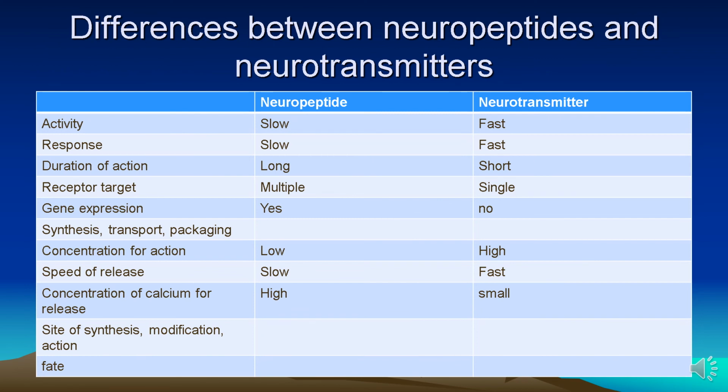There are many differences in terms of activity, responses, duration of action, receptor target, whether they affect gene expression or not, site of synthesis and transport, the type of vesicle for packaging, concentration of the action, speed of the release, the concentration of calcium that is required for the diffusion and release, also modification action, and the fate is different for neuropeptides and neurotransmitters.